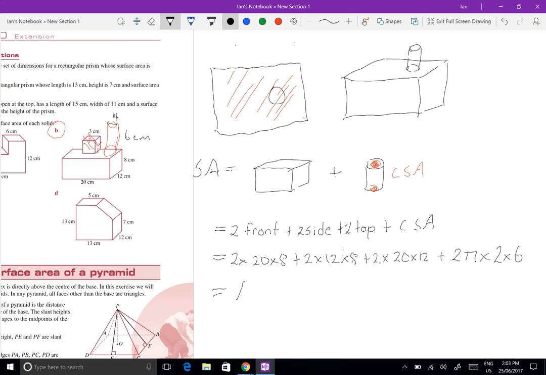Now I have no answers to back me up on this, but I'm pretty sure that that is the correct answer, and what are we in, centimetres squared, 1067.398 centimetres squared. And again, this is a critical point, or a critical line, showing your substitutions.